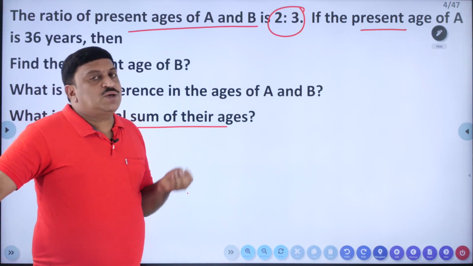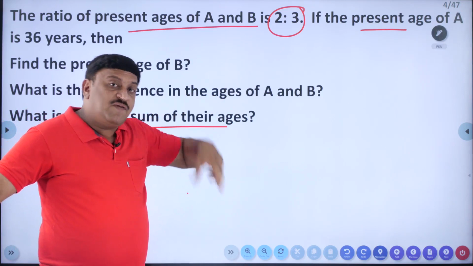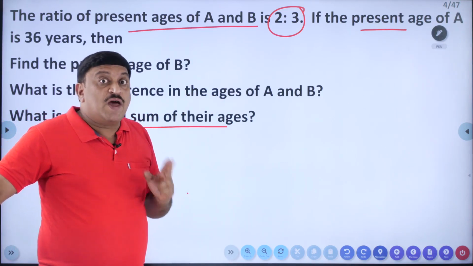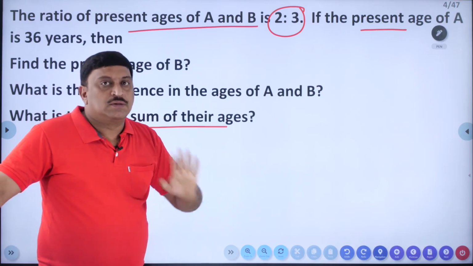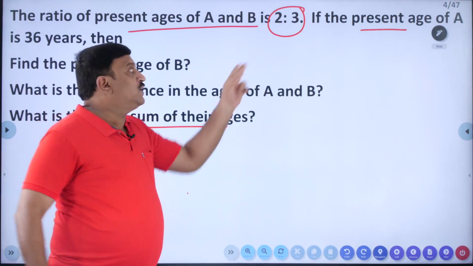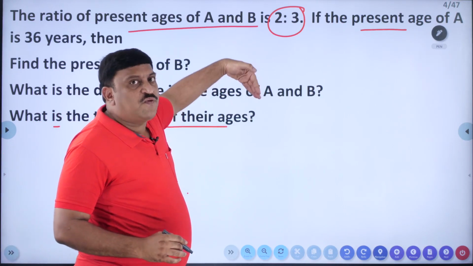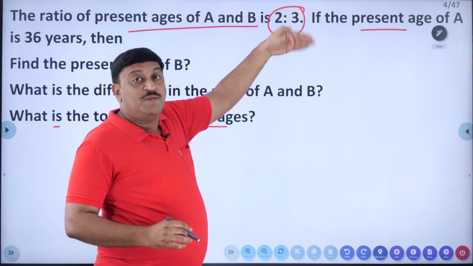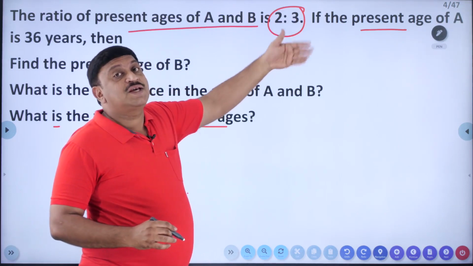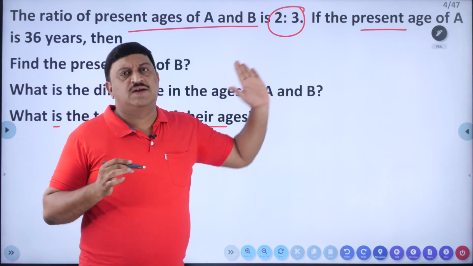If the present age of A is 2 years, then the present age of B will be 3 years. When A is 2 twos are 4 years, then B will be 3 twos are 6 years. That is the case.